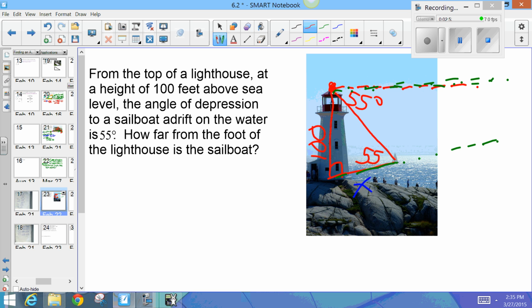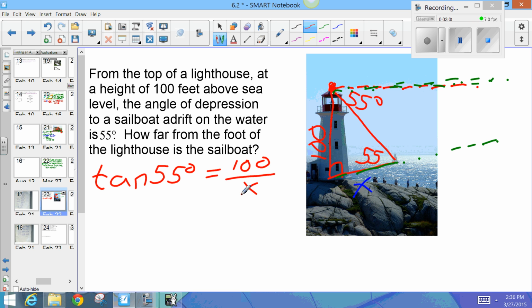So 100 is opposite, X is adjacent. Opposite and adjacent is a tangent relationship. Tangent of 55 degrees equals 100 over X.